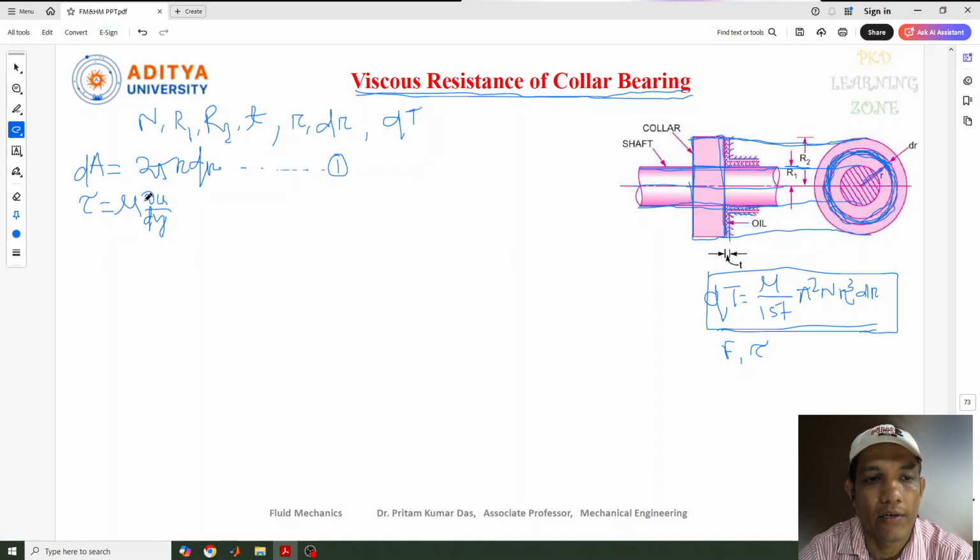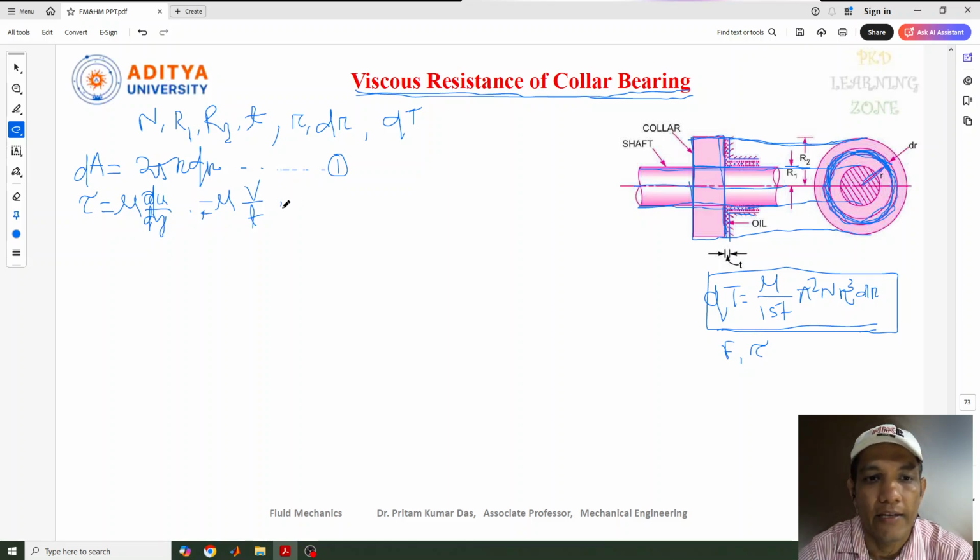Here du is nothing but the velocity at which the shaft is rotating. This velocity is the tangential velocity, and this dy is nothing but the thickness of this oil film. So this one I can also write as mu into V by t, where V is the tangential velocity.